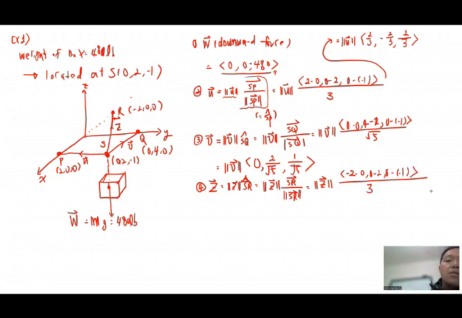That's the magnitude of SR, the vector of SR. So that leads to the next vector, this vector, Z times minus 2 over 3, minus 2 over 3, and 1 over 3.